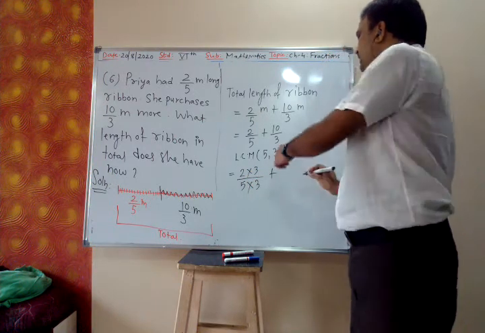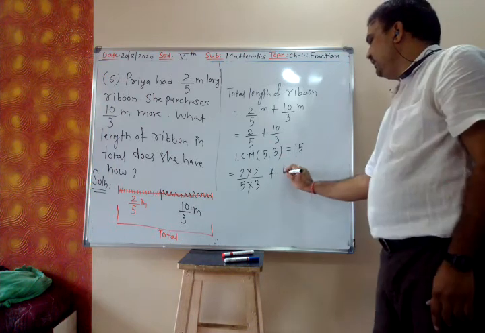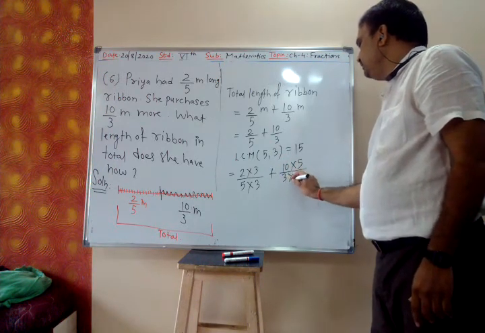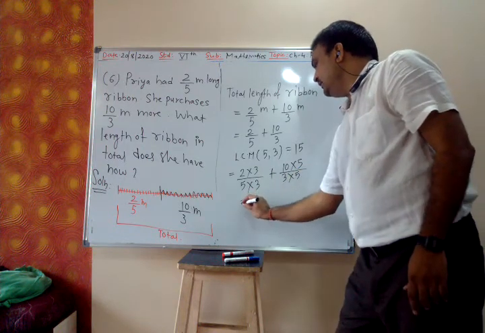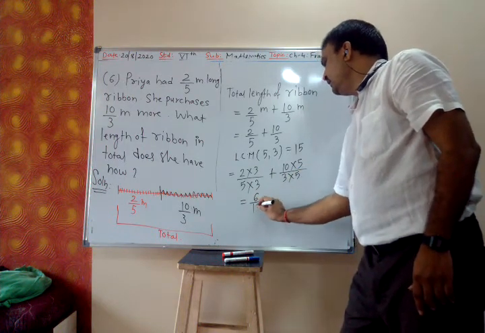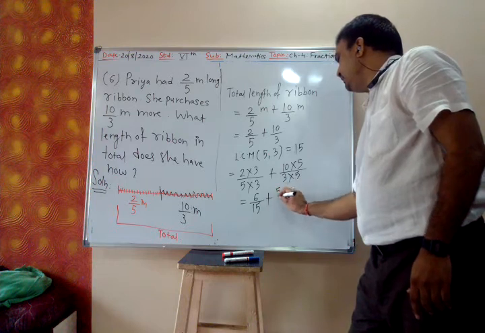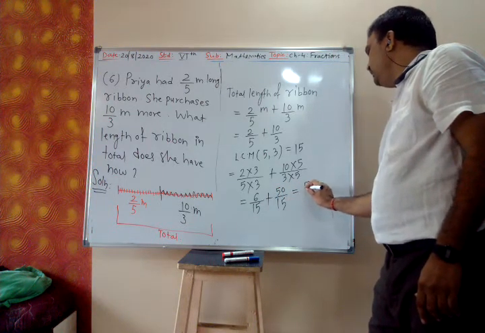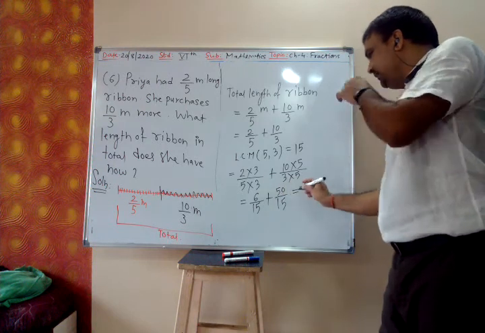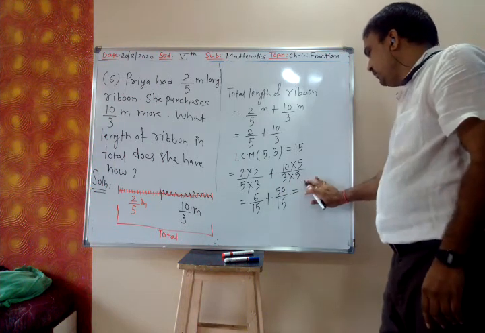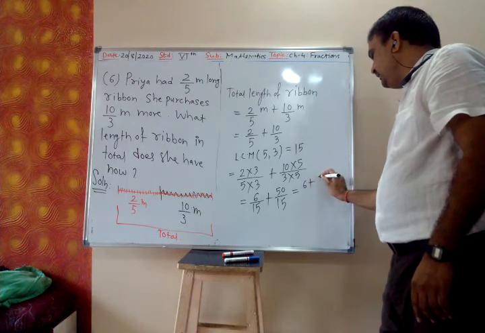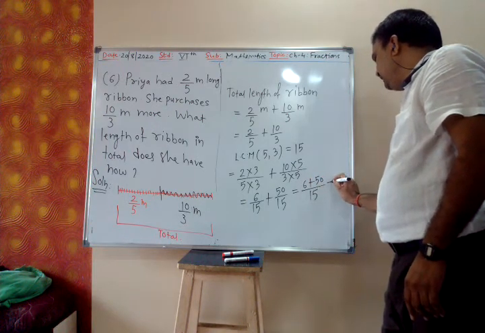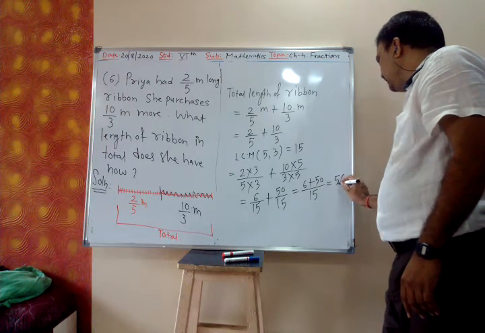Now this 3 I have to multiply by 5, so 10 into 5 upon 3 into 5. So that is 6 upon 15 plus 50 upon 15, that is 56 upon 15. 6 plus 50 is 56.